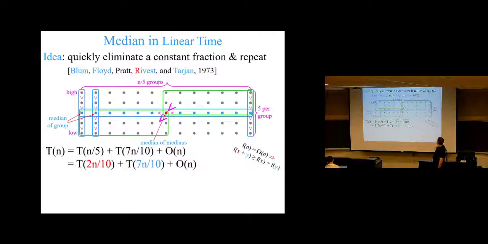So the time to find the median is at least a linear function, or grows faster than linear, or equal to linear. And whenever you have a function that's superlinear, linear or more, it's omega of n, this is true: f of x plus y is greater than or equal to f of x plus f of y.